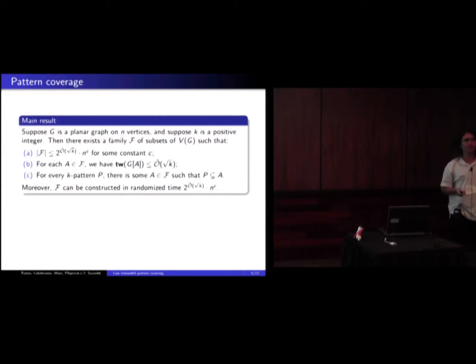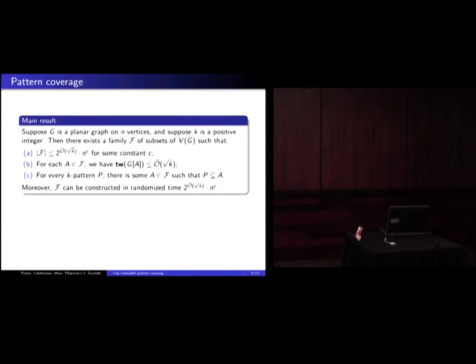Yes? Then I claim that I can find a family F of subsets of the vertex set with the following properties. First of all, the family is pretty small. It has this sub-exponential parameterized size, 2 to the roughly square root k times a fixed polynomial. Second, every member of my family is thin. It induces a graph of treewidth roughly square root k.